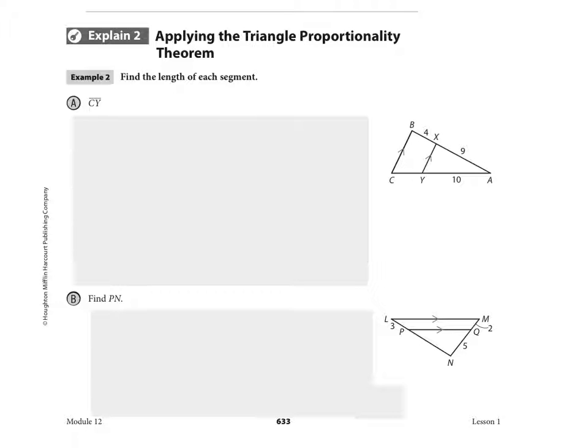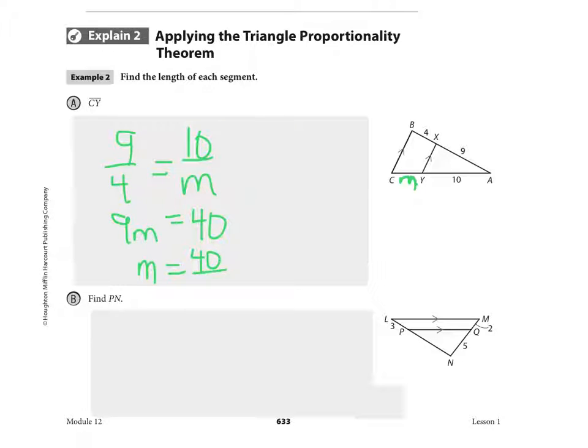Okay, I'm going to mark it with an M. I'm going to call that M. All right, so I know that 9 is to 4, like 10 is to M. And if I do my cross multiplication, I get that CY is going to equal 40 over 9. Okay, and I'm not going to reduce that or anything, that's fine.